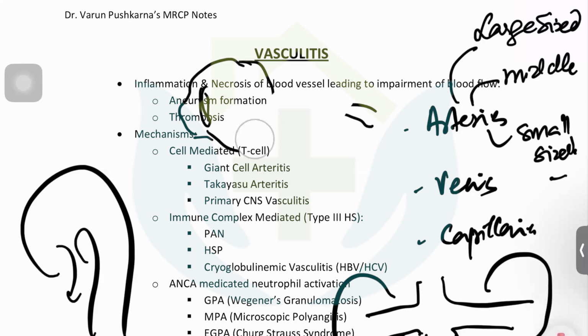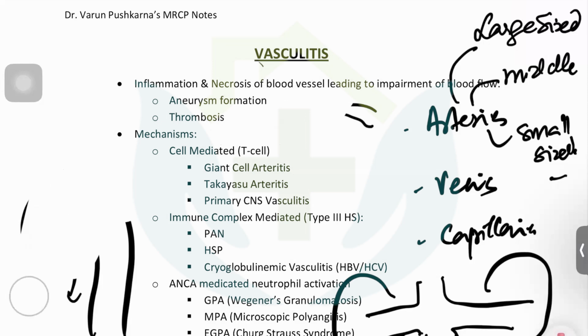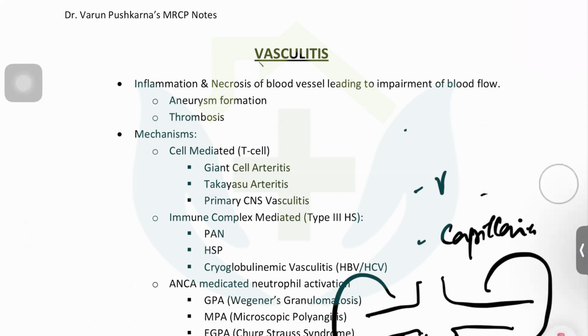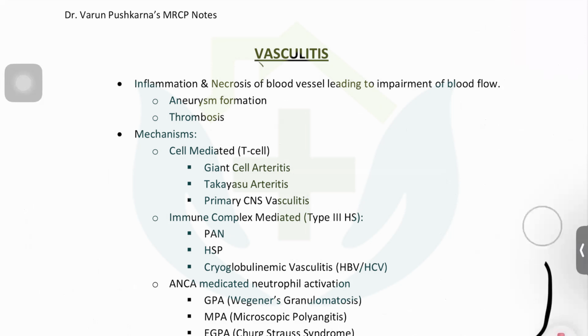And then there are certain small vessel involvements like digital gangrenes, like we know Raynaud's disease. So unless you act fast and act smartly enough, you may not be able to treat these patients, and you will lose those patients or their organs.